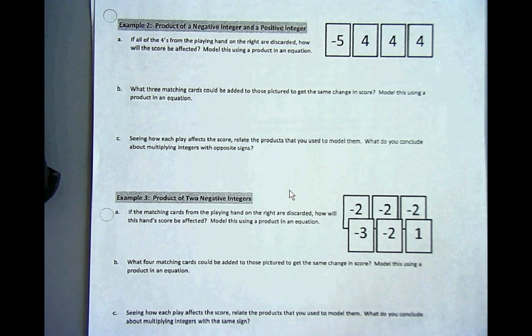So if 3 times A represents putting 3 cards into the value A into your playing hand, what would minus 3 times A represent? All right, so let's see what happens. So we have a minus 5 and 3 4s.